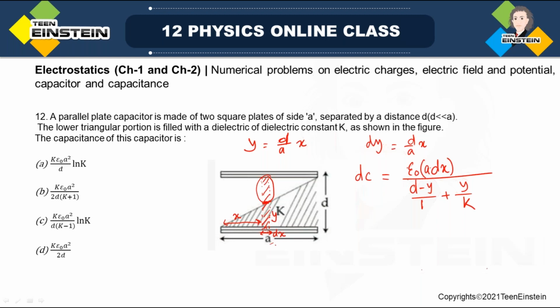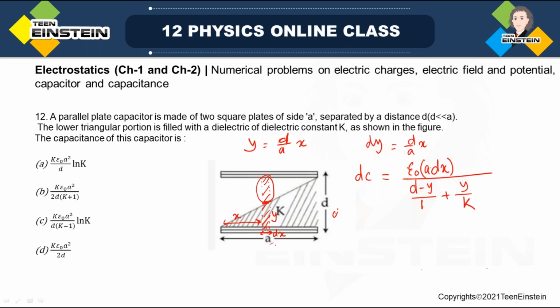Now if we want to get the capacitance for the whole thing, then we can just add these strips, the capacitance for these identical strips.